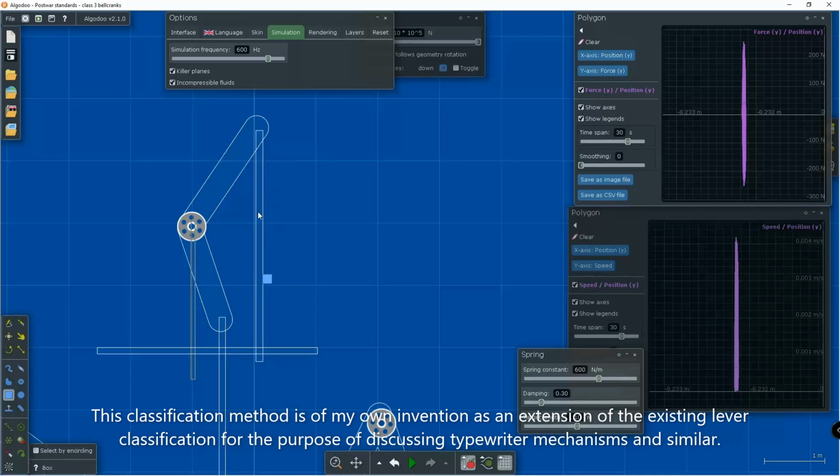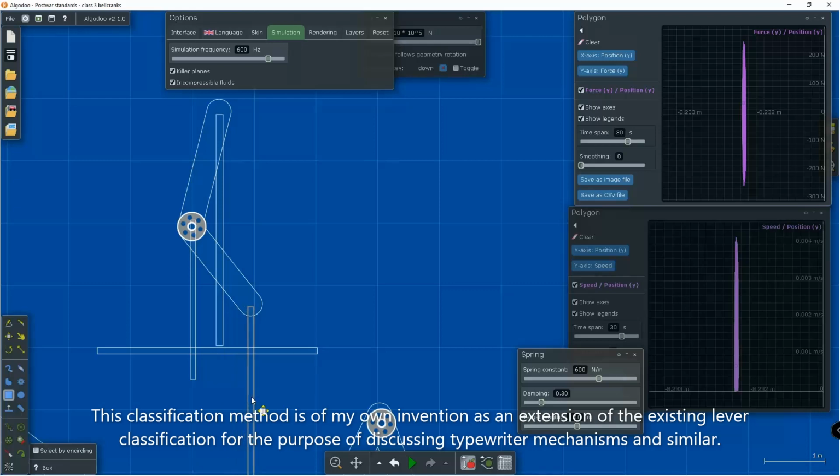So I would call this a bell crank operating in the class 2 function. And then finally, over here, if we position it like this, we now have the order of fulcrum, effort, and then load. That would mean that if our effort force is pulling like thus, this is operating in the equivalent of a class 3 lever. So I would call this a class 3 bell crank.